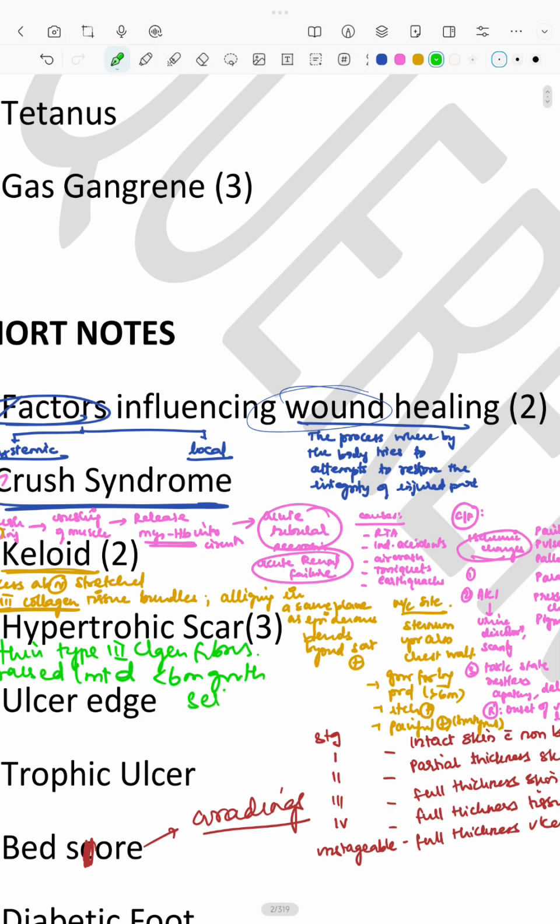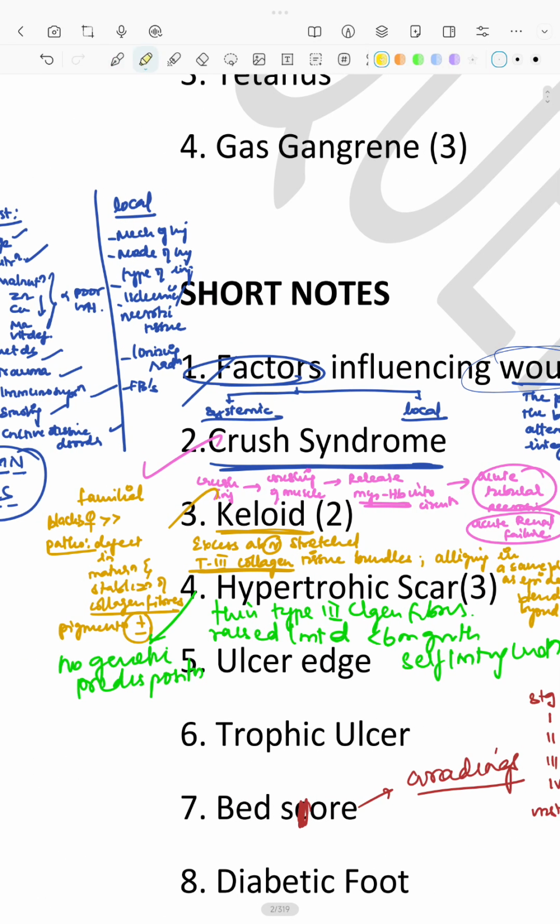It is a self-limiting condition. Here the main words are type 3 collagen fibers. That word is important. All other things you can know; all others are simple.